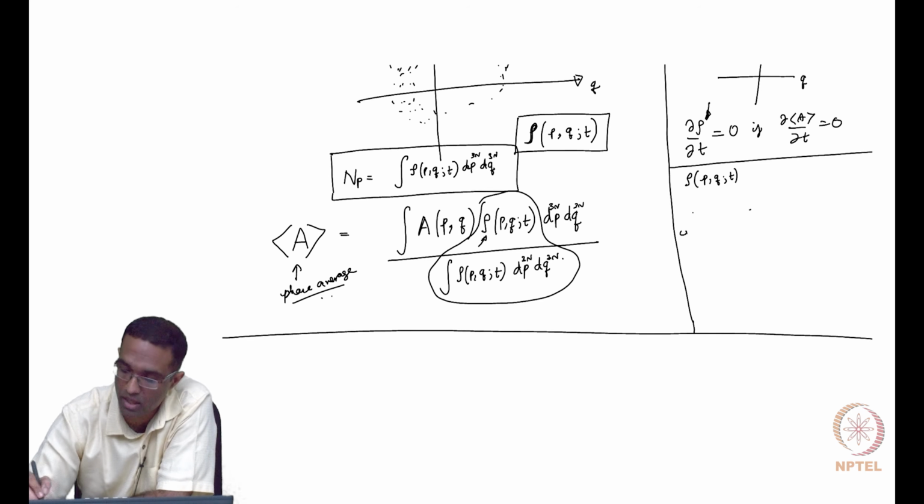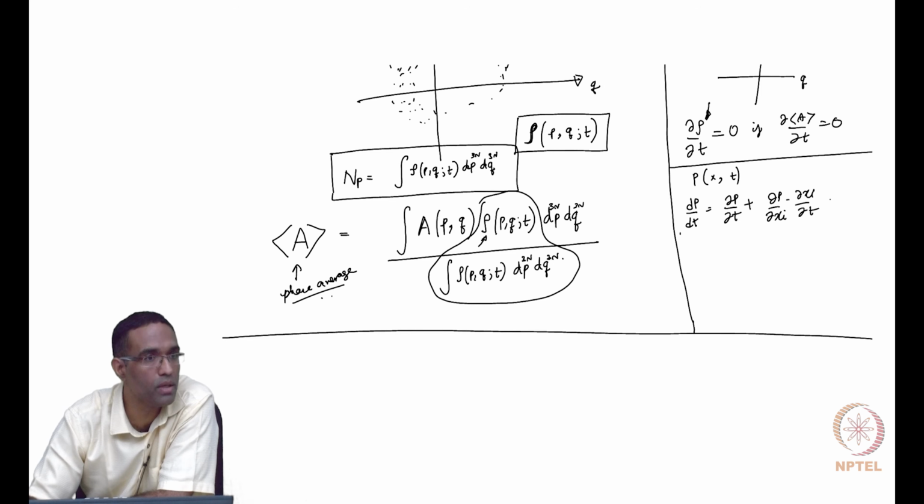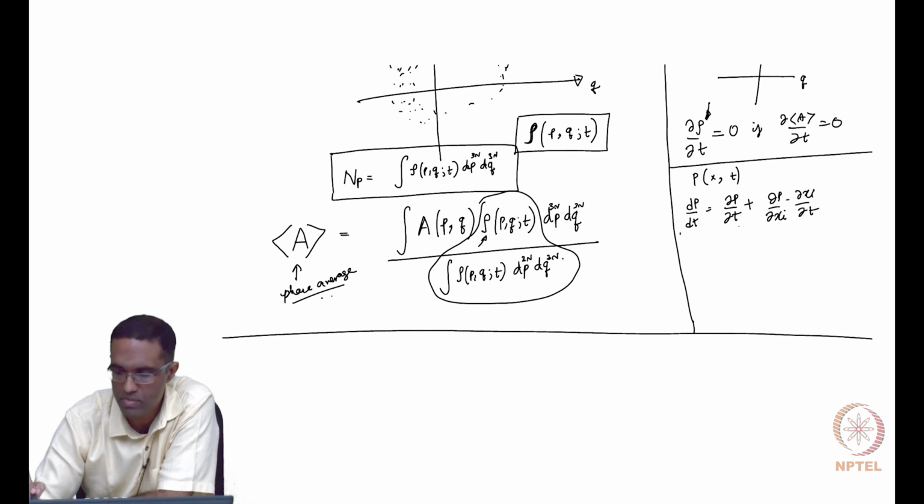Okay. Let us start with a little bit of this. If P is a function of this, then you had dP by dt is equal to dou P by dou t plus dou P by dou xi times dou xi by dou t. Material derivative equal to partial derivative plus u dot del. Okay, that's fine too.